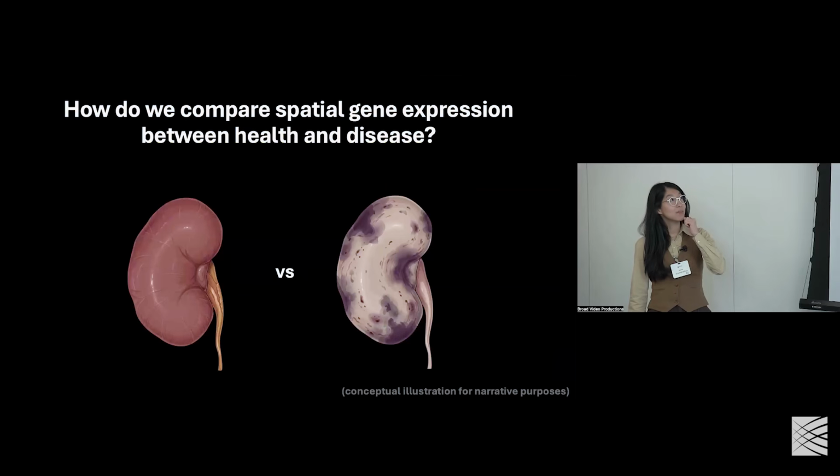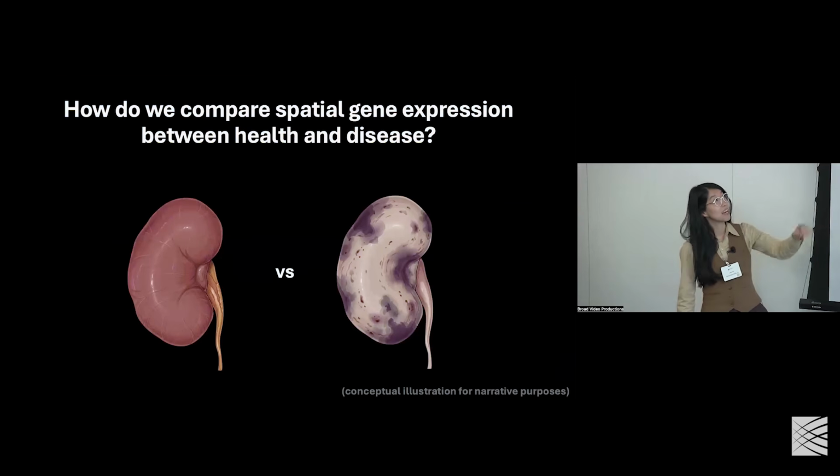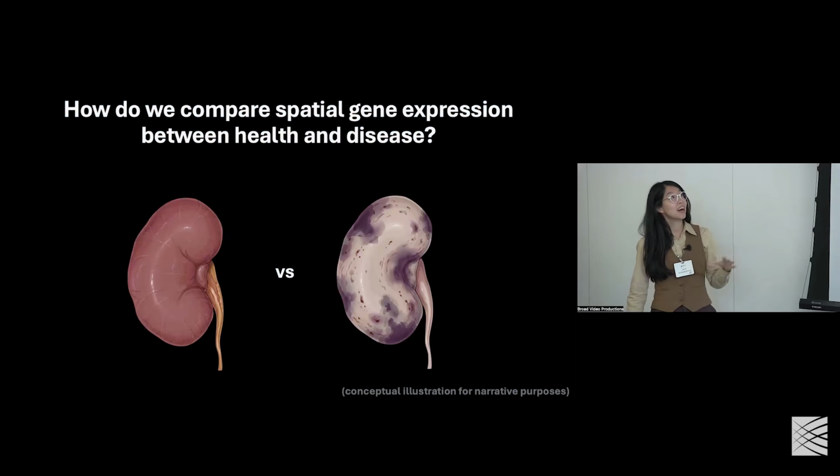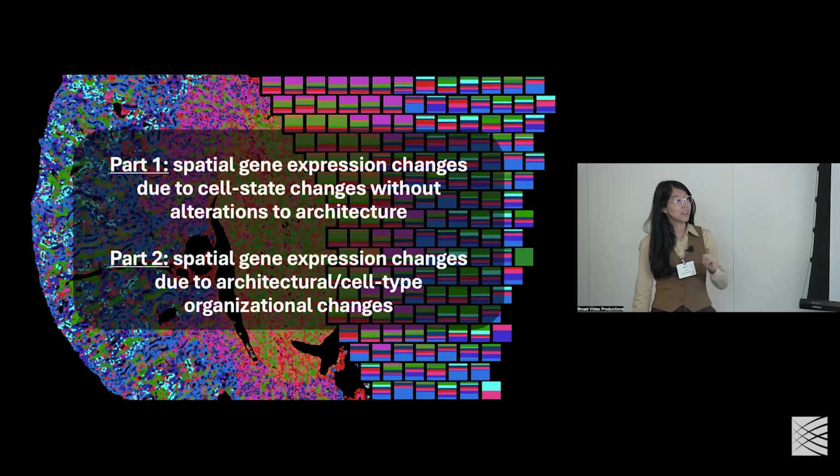But today I really wanted to focus more on just one story or one series of stories on, if we have these tissue sections, let's say from a healthy versus disease setting, how do we begin making comparative spatial gene expression analyses? In particular, I'll try to divide the talk into two parts.